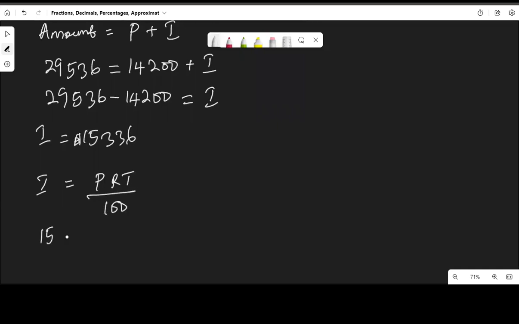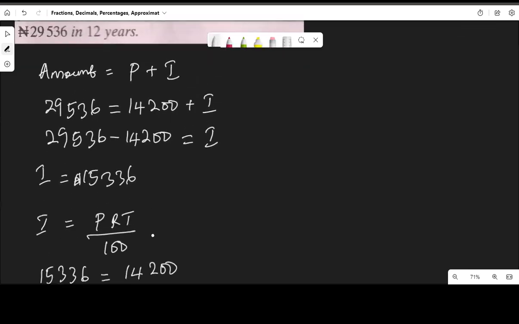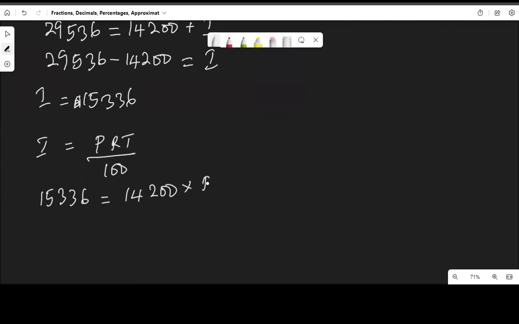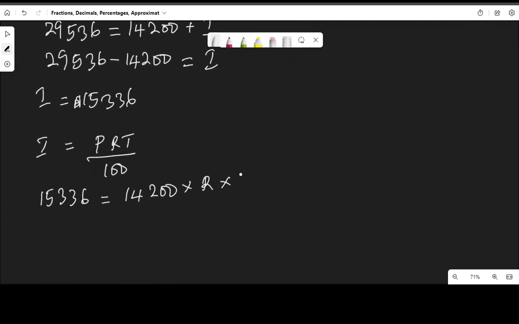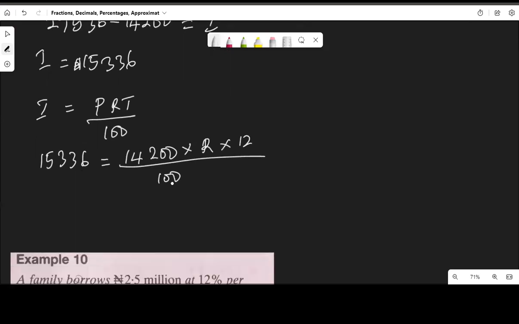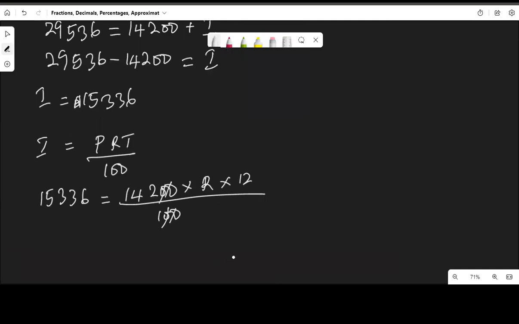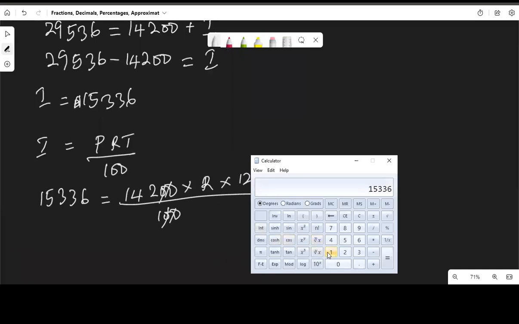So 15,336 is equal to the principal, which is 14,200 as given in the question, times rate, which is what we are looking for, then times time, which is 12 years, over 100. The zeros will cancel. That means 142 times 12, which is 1704.